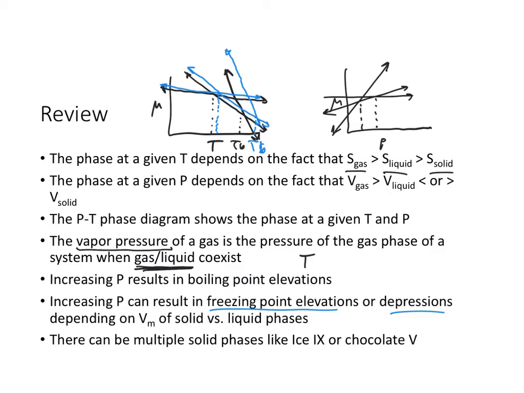We also saw how we can have multiple solid phases, for instance, diamond versus graphite, or ice 1 versus ice 9, or our favorite, chocolate 5 versus the other phases of chocolate, which taste nasty. And by the way, it's not just solid phases. There can also be multiple liquid phases.